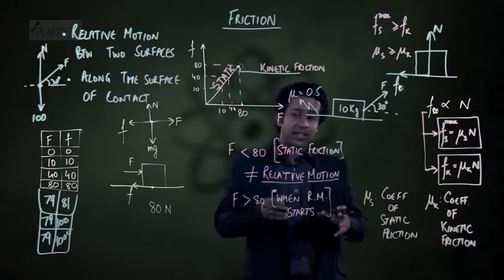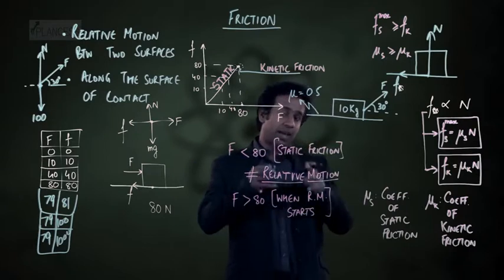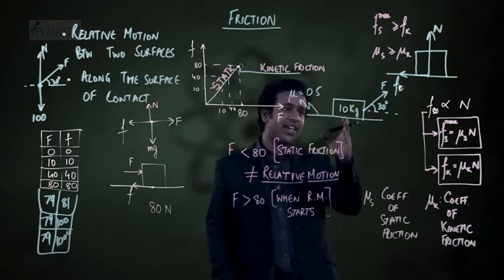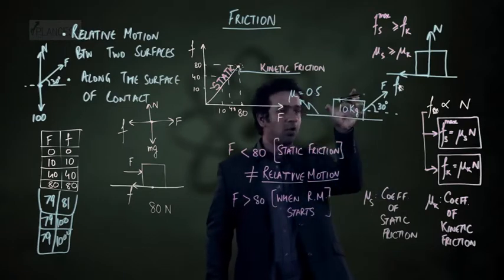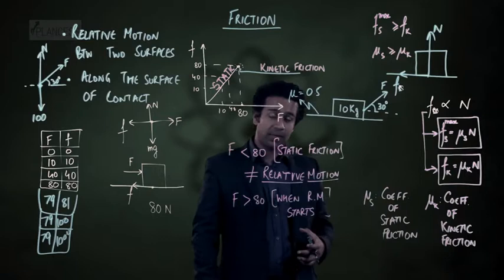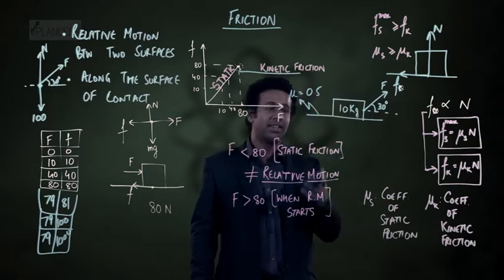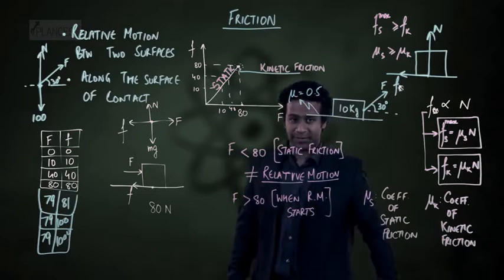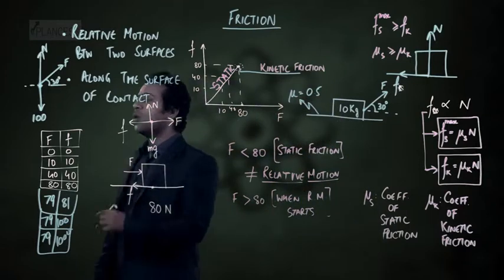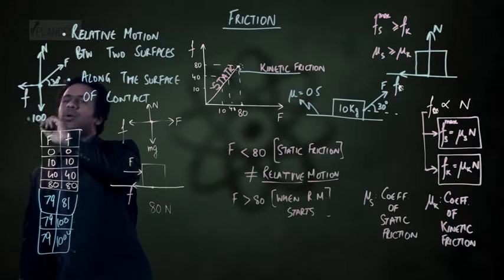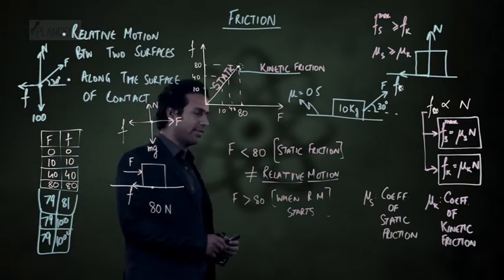Then see the direction in which the block has a tendency to move. In this case, in absence of friction, this block will clearly move towards the right. So we know that the friction will act in the opposite direction, that is, towards the left. We will denote it by the symbol small f.